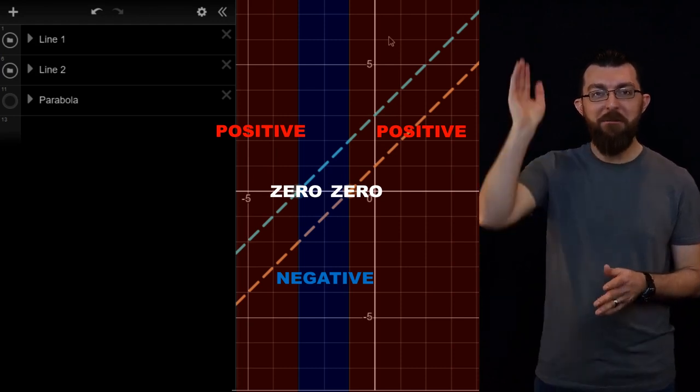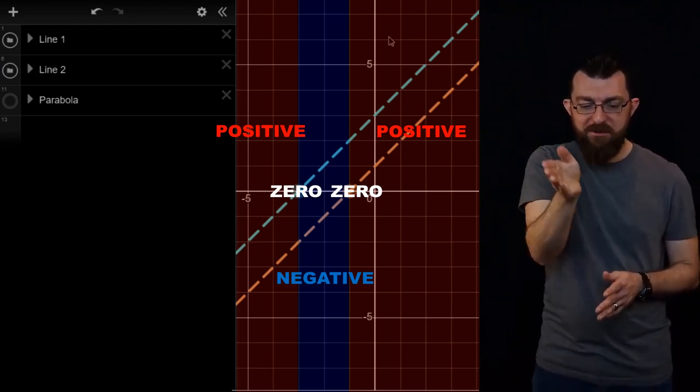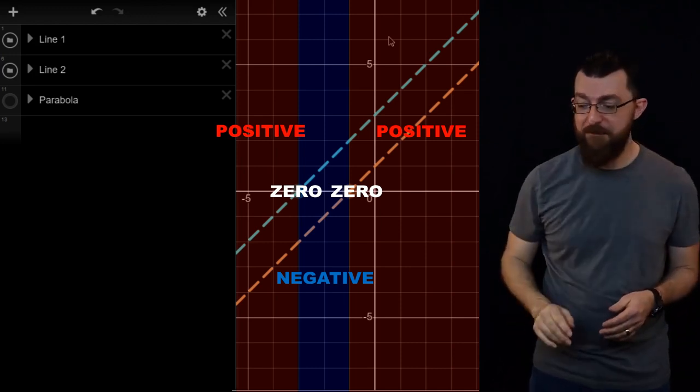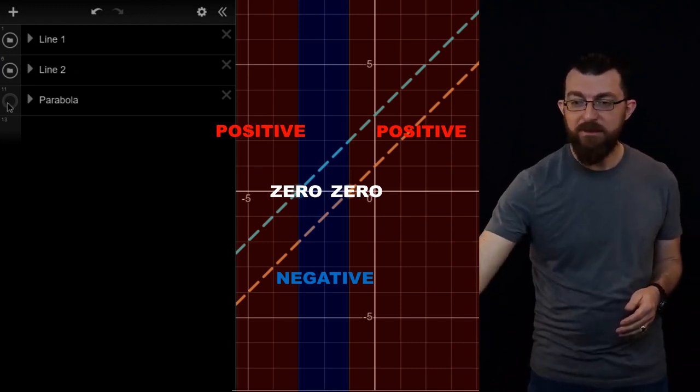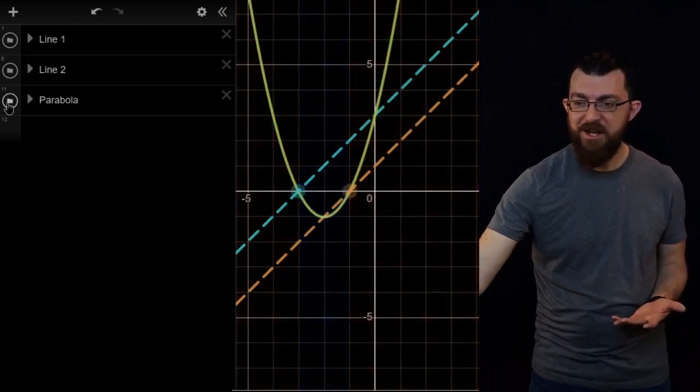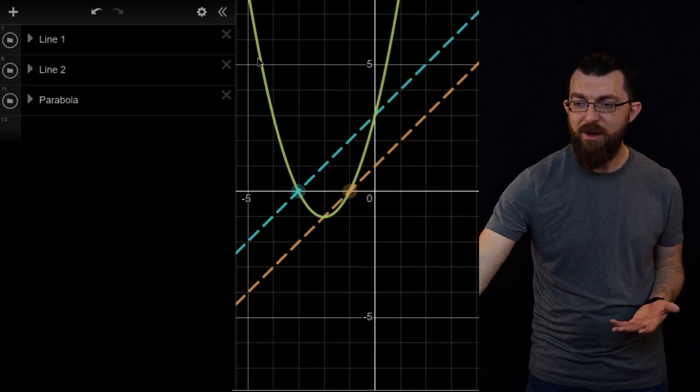It's going to go from positive down to 0, down to negative, back up to 0, and then up through the positives again. Let's see what that looks like. Okay, there's a shape that does exactly what I just described. It starts off positive, comes down through 0, then it's negative for a little while, then comes back up to 0, and then it's positive for a while.